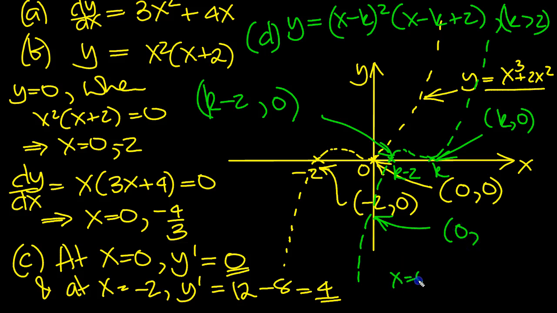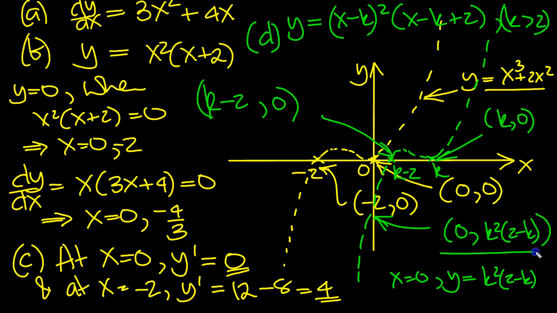Well, x equals 0, we get y equals: put 0 in here, minus k squared is k squared, and put 0 in here, we get 2 minus k. So this is (0, k squared times (2 minus k)). So there are the three points in question on the axes.